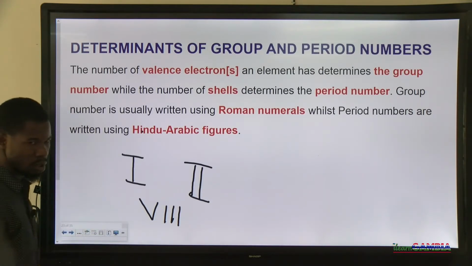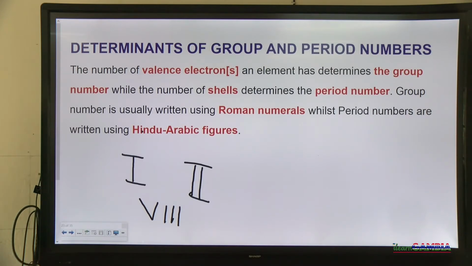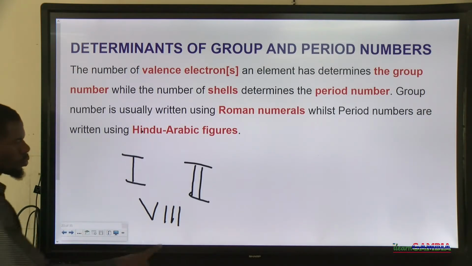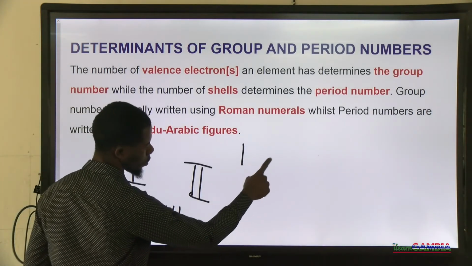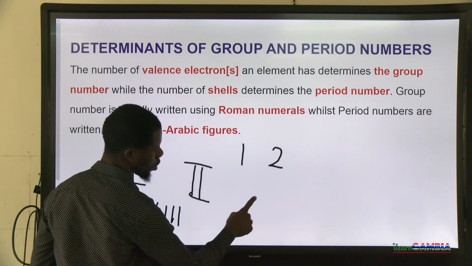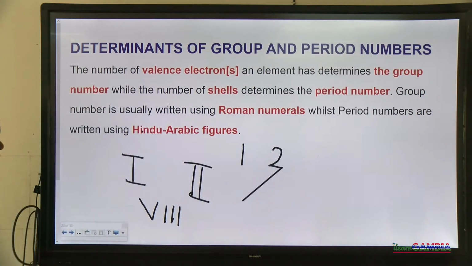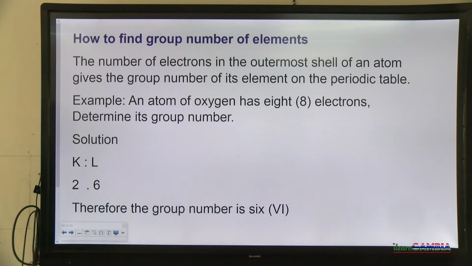These are what we call Roman figures or Roman numerals. But for periods, we use 1, 2, 3, 4, and so on. Those are the numbers that we use to represent periods of elements in the periodic table.